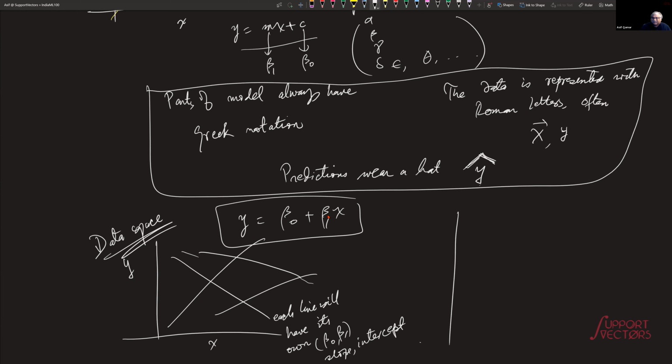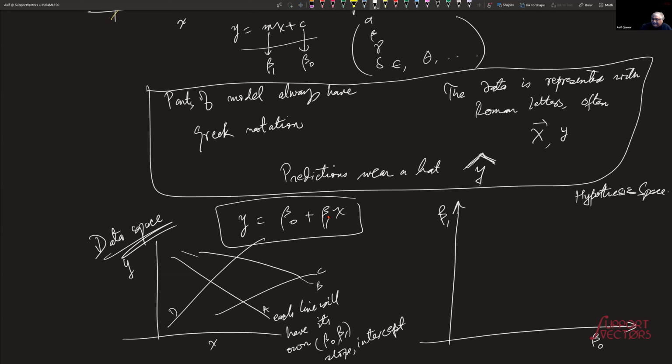And now let's go to another space, a magical space, a hidden space, which we call the hypothesis space. In the hypothesis space, any one point, let's say A, B, C, D, has coordinates beta naught, beta 1.